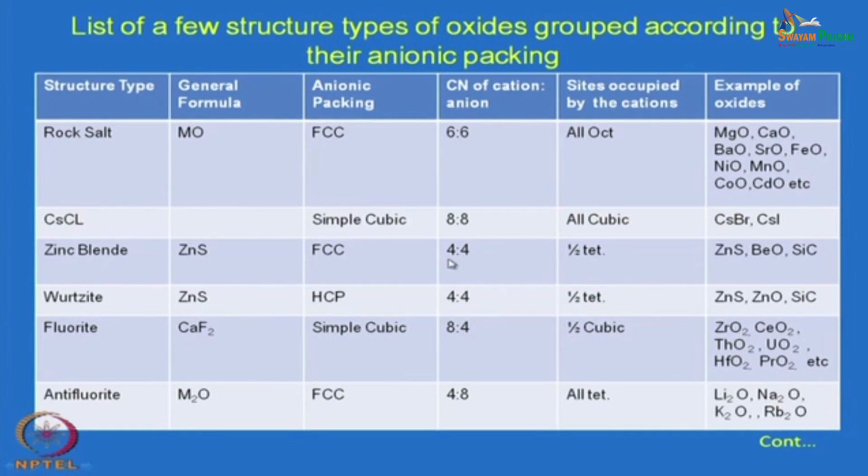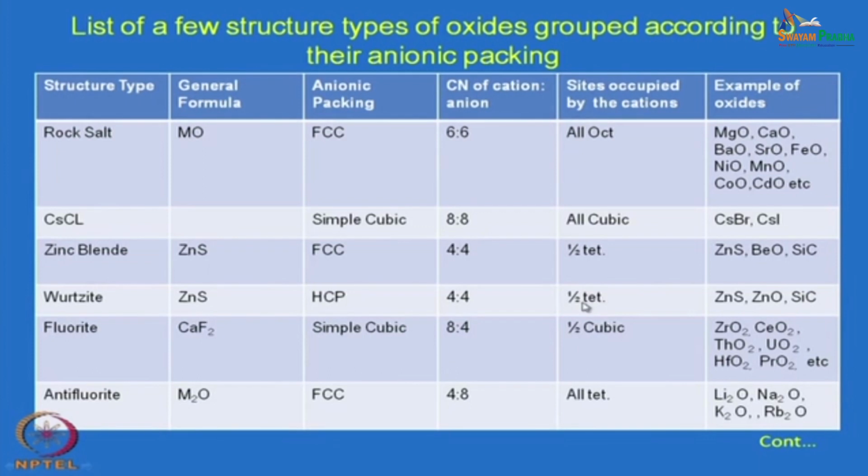The anion and the cation both have 4-fold coordination, that means tetrahedral coordination, both in the zinc blende structure, the cubic structure, as well as the hexagonal structure. In both cases, half of the tetrahedral sites are occupied by the cation, because as you can see, the ratio of cation and anion is the same, and the tetrahedral sites in a close packed structure are actually double the number of oxygen or anions.